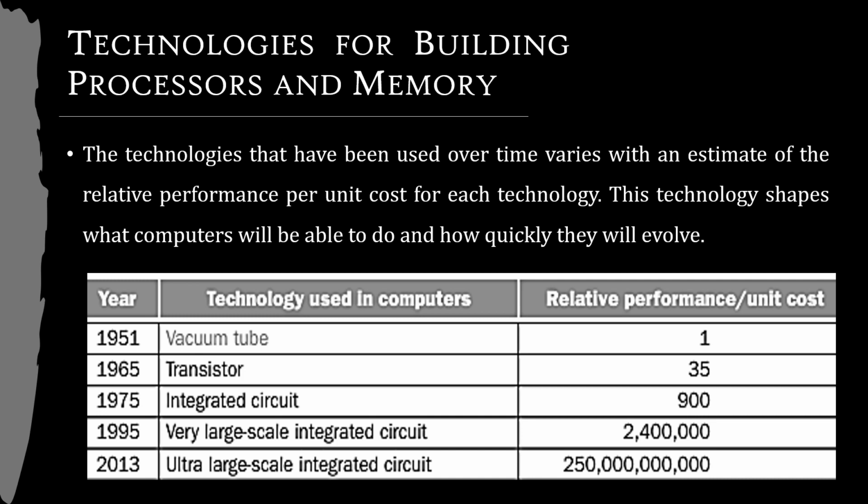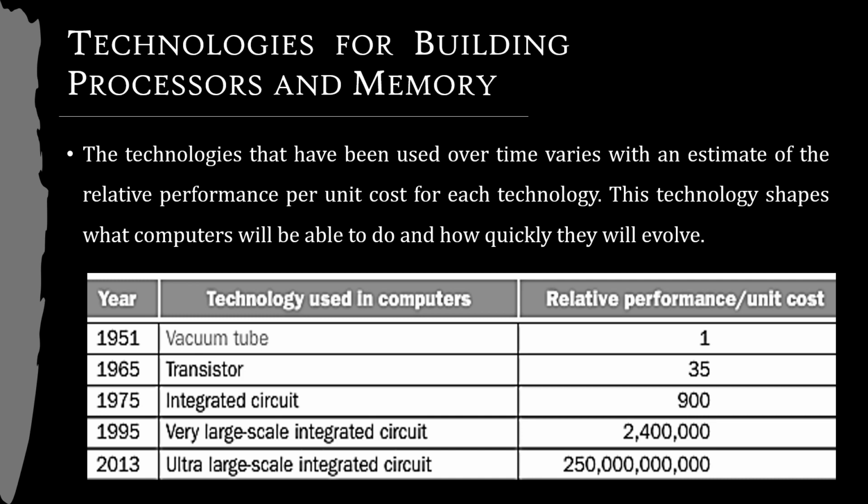So in the year 1951, the technology used in computers is the vacuum tube, and the relative performance per unit cost is 1. And in 65, the technology used is the transistor. In the second generation computer, transistors are used and the performance per unit cost is 35.